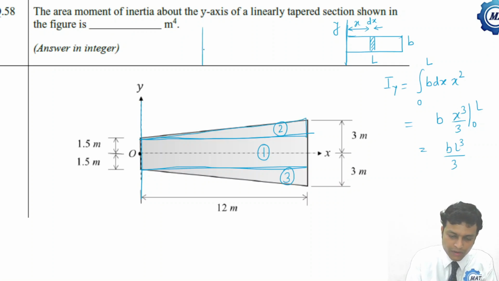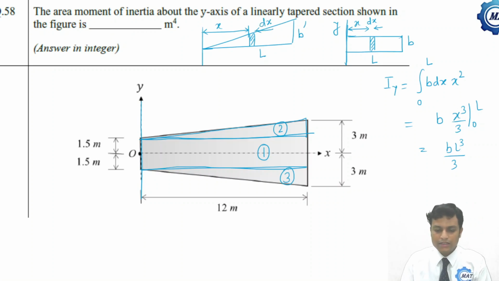Now we have two triangular elements, 2 and 3. Let us do it for one triangular element. Say this is B prime, this is L. Let us take a section anywhere here at distance x with thickness dx.